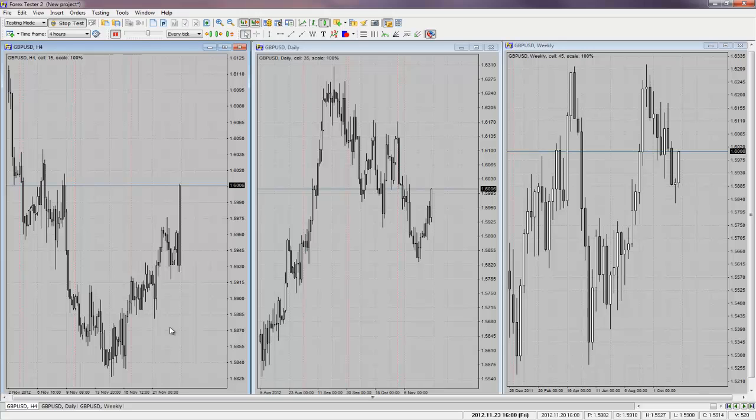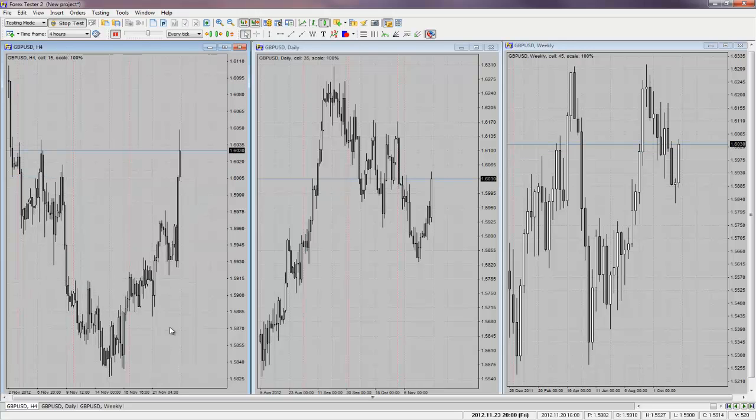Okay, 4-hour, we continue moving up, no big deal. Now we are definitely getting into where I would look to be doing some sort of selling. Weekly swing to the downside in terms of price action.